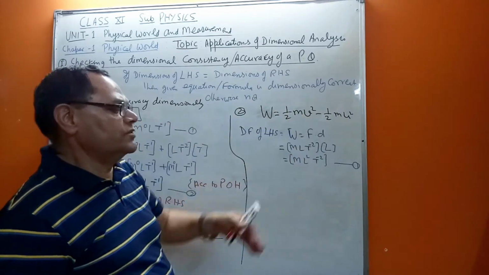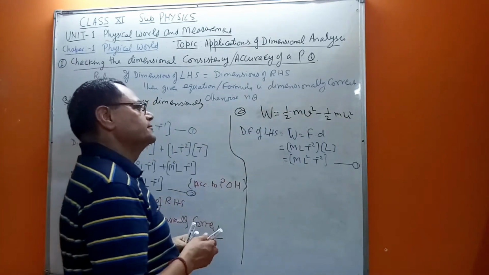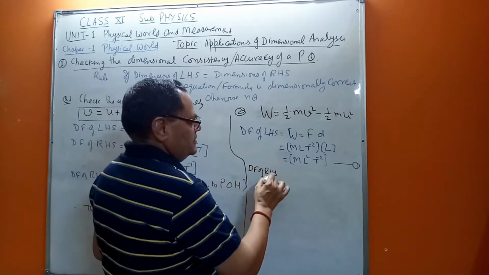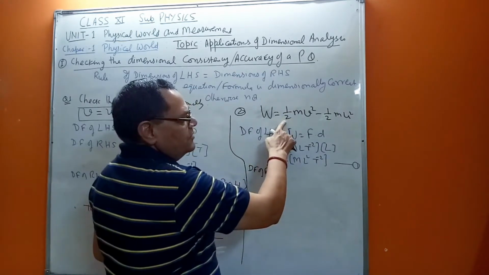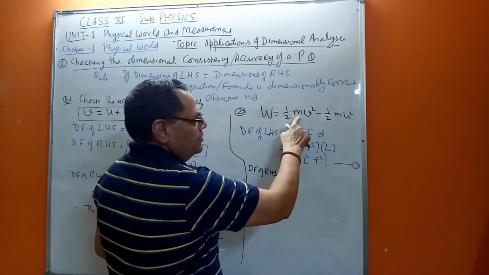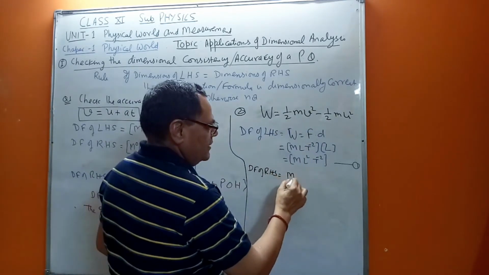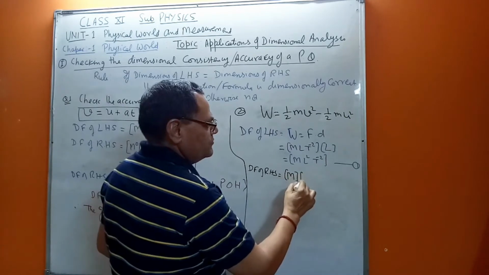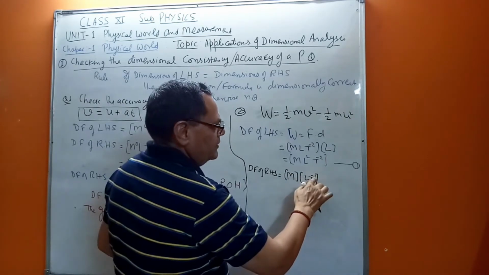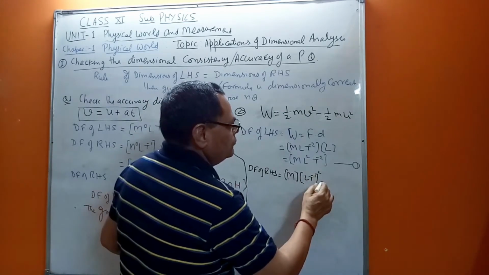Now write down the dimension formula of RHS, that is right hand side. So half is a constant, it has no dimension. Similarly this half. So m here is mass, capital M. V means velocity, that is LT minus 1, but squared. Okay, so raised to 2.